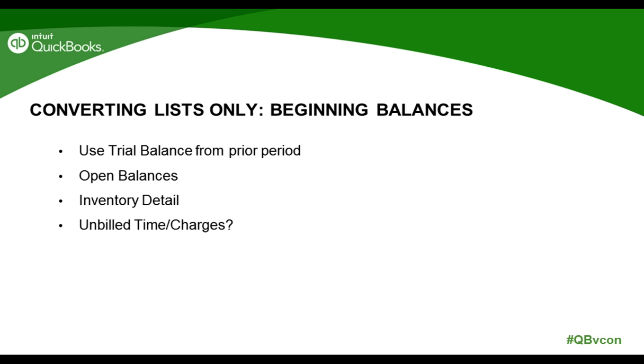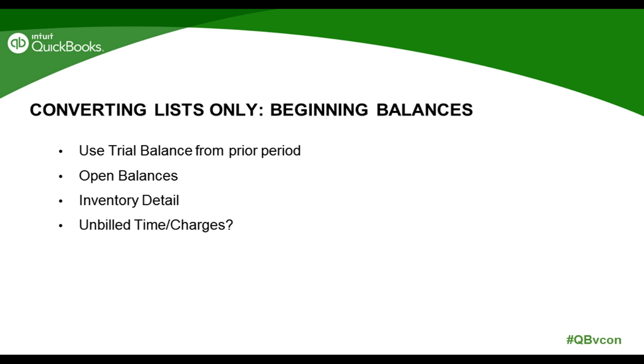So if the prior period was a year-end, be sure that before you use the trial balance, any adjusting entries were recorded in the old accounting system so that they match the tax return, less any non-book adjustments, before using the year-end trial balance to record those new beginning balances.